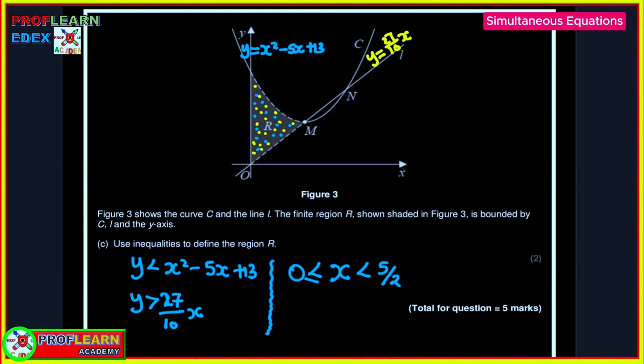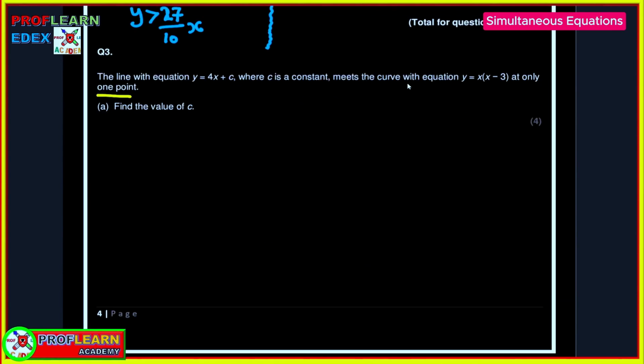All right, so we need to move further to the next part. In question number 3, we are given the equation of a straight line y equals 4x plus c, where c is a constant, meeting the curve y equals x into x minus 3 at only one point.